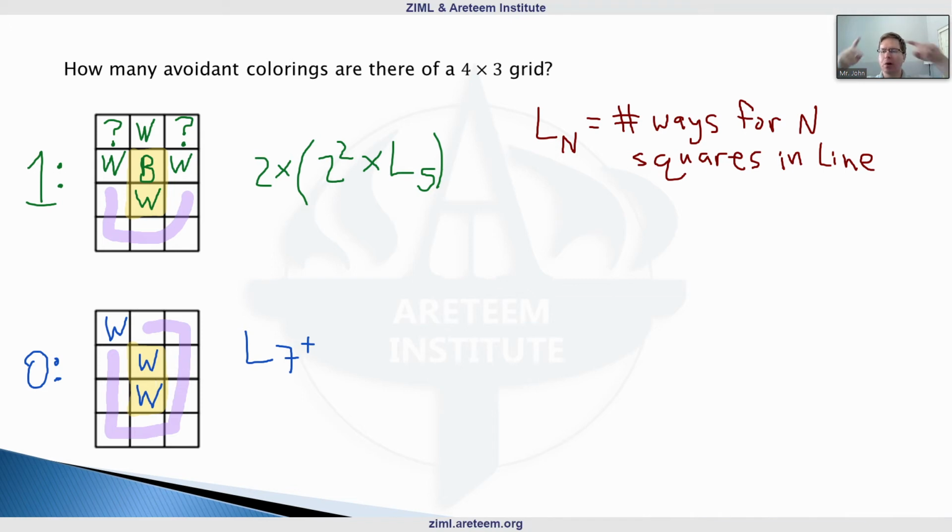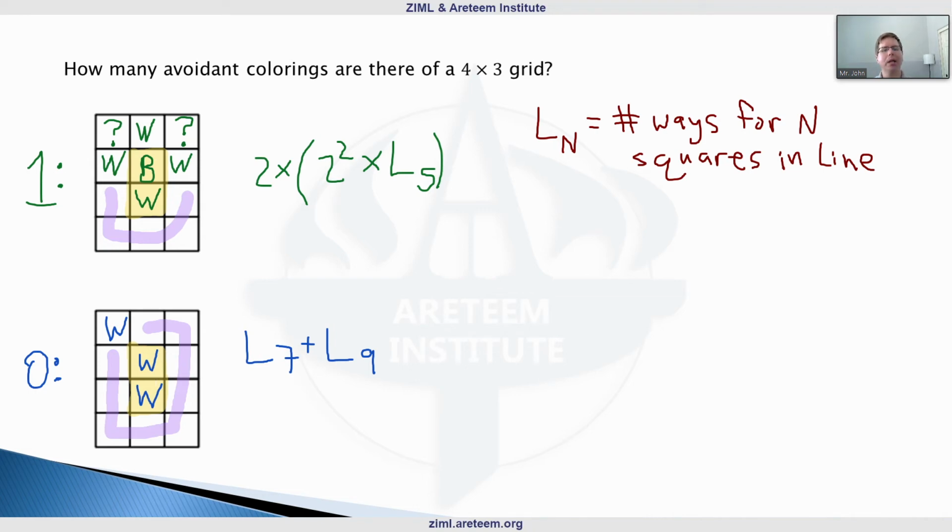When stuff is going around in a circle, then the first relates to the second, third, fourth, fifth, but then when it circles around, that's where you come into some problems. That's where you have some issues. But by looking at it this way, we can break it down into 2 different cases. If it's black, we go to a line with 7 squares. If it's white, we reduce it to a line with 9 squares in this case.